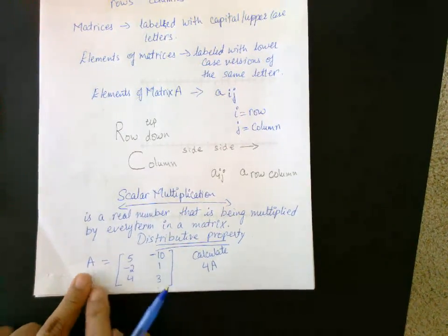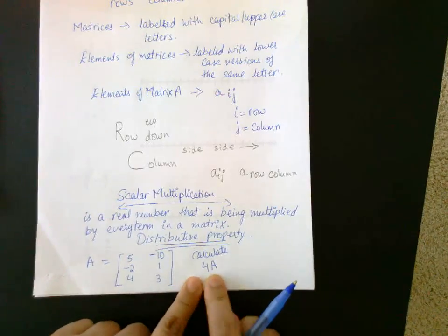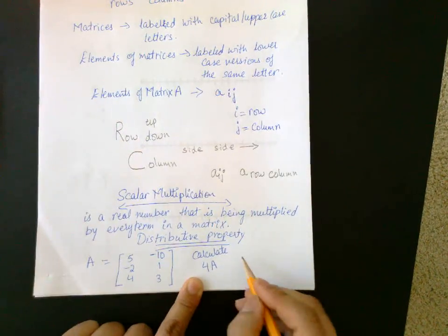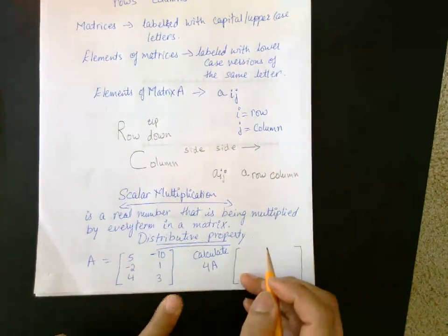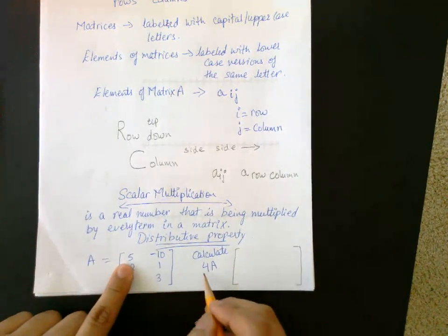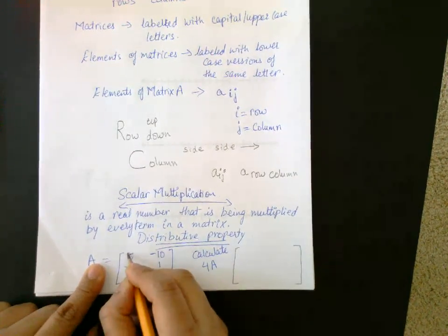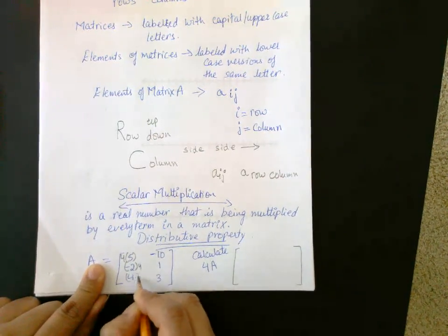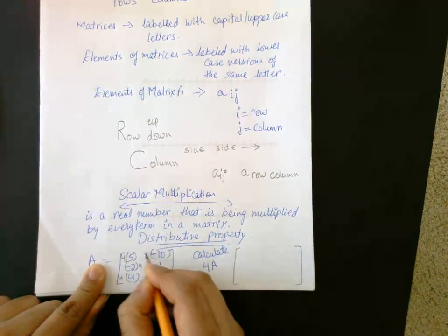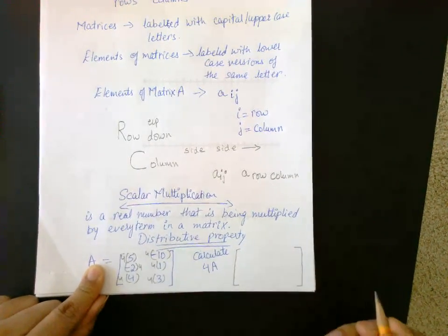That means whatever is in A, it needs to be multiplied with 4. If I try that, what will happen? What is 4 times 5? So we are multiplying everything with 4.